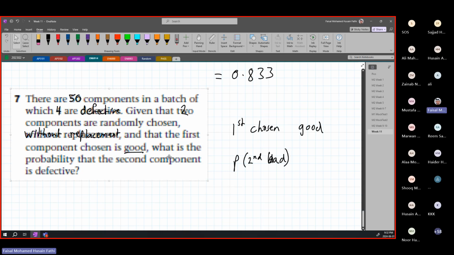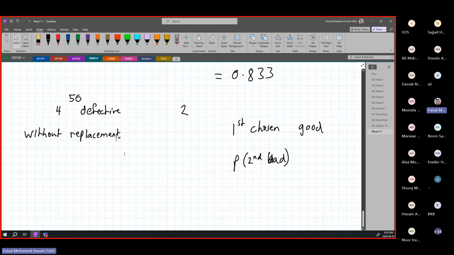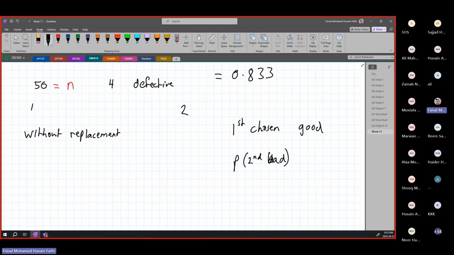Okay, so in other words, now I remove this. We have a total of 50 components. So this is our n equal to 50. 4 are defective. So let's call this event B. A is good and B is bad or defective.